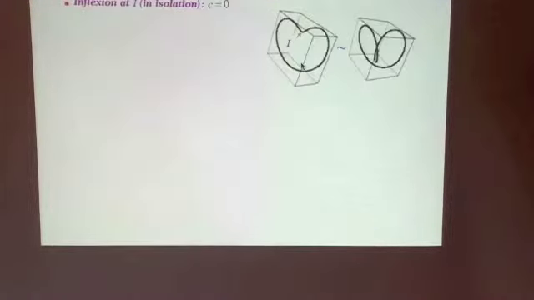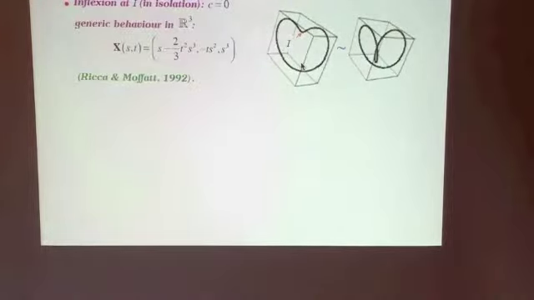But what does that involve? Well, if we have an inflection in isolation, with Keith, we analyzed this situation here, and I presented this result at the conference at the time, in 1991.